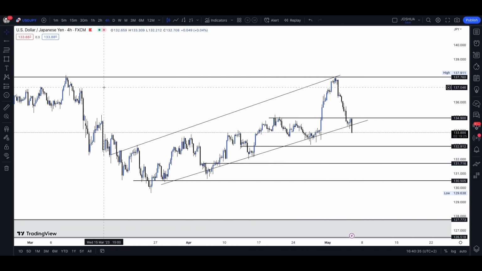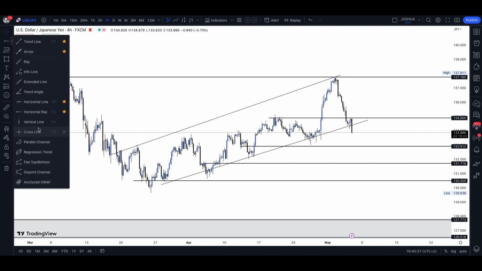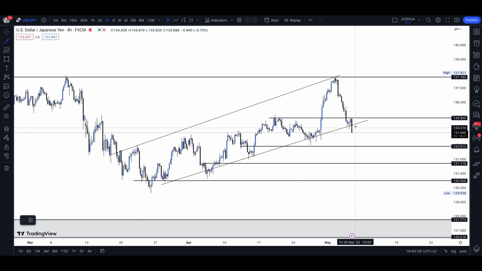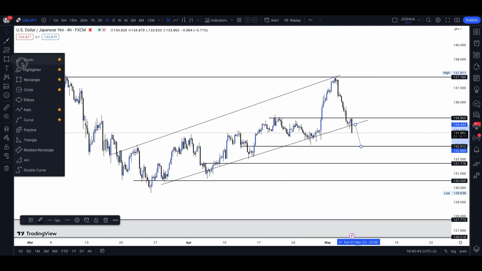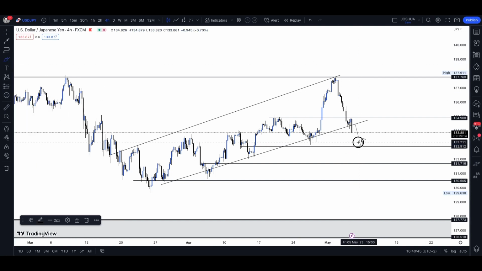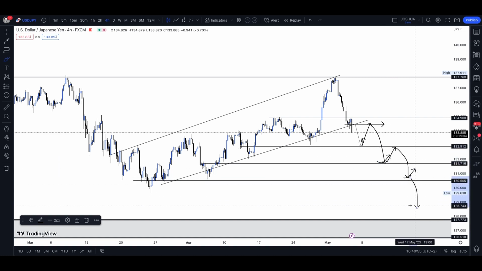So we are likely to see the market pushing to the downside. After that, we expect it to come back and give us a retest of the broken level. We'll be looking for more selling opportunities till we get to that particular point. So this is on the 4-hour time frame.